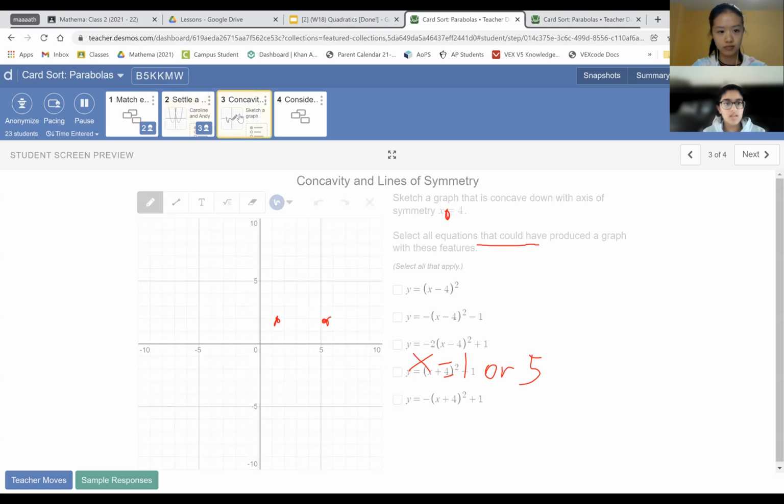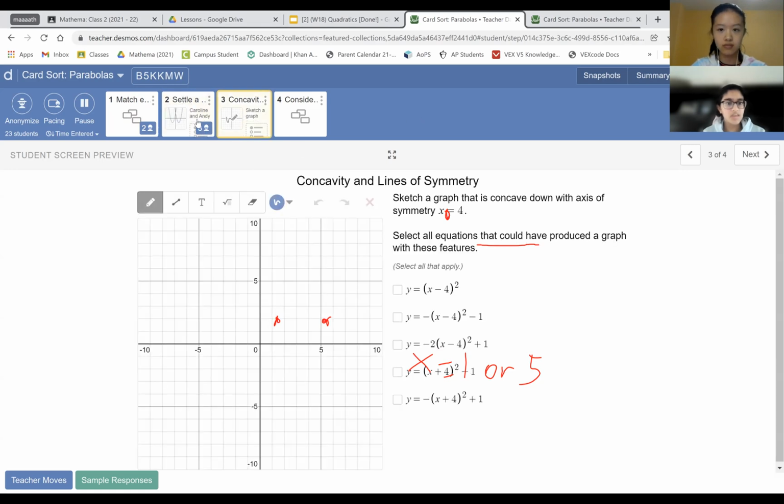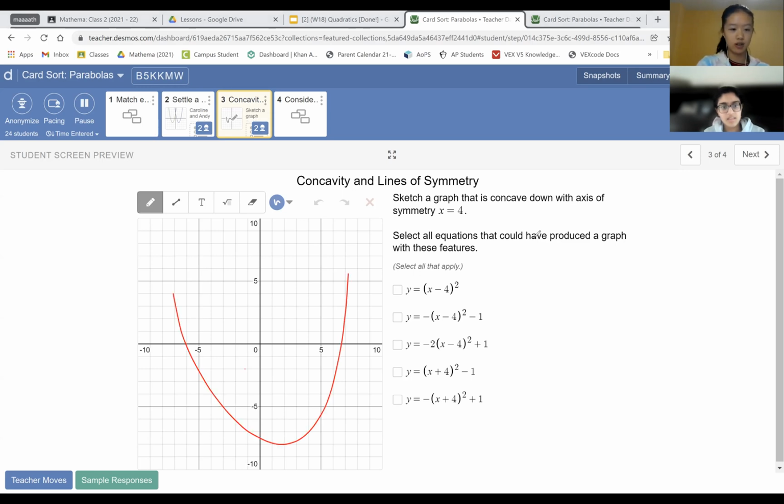Okay, Question 3. I don't think we talked about this in class, but concavity is basically which way the graph is opening. So if the graph is opening upwards, like a smiley face, that's called concave up.